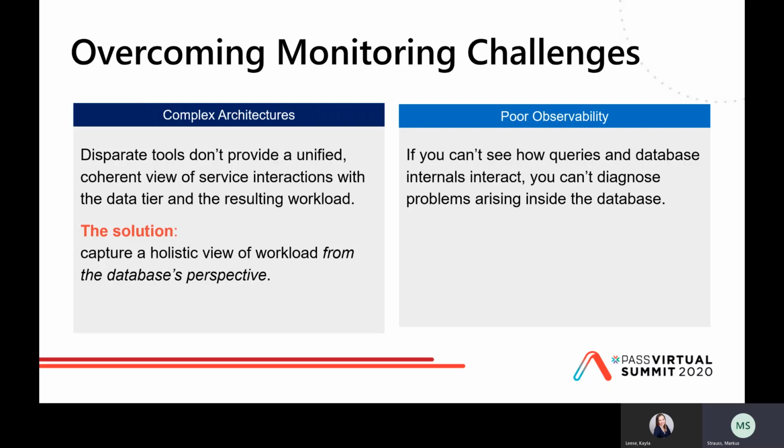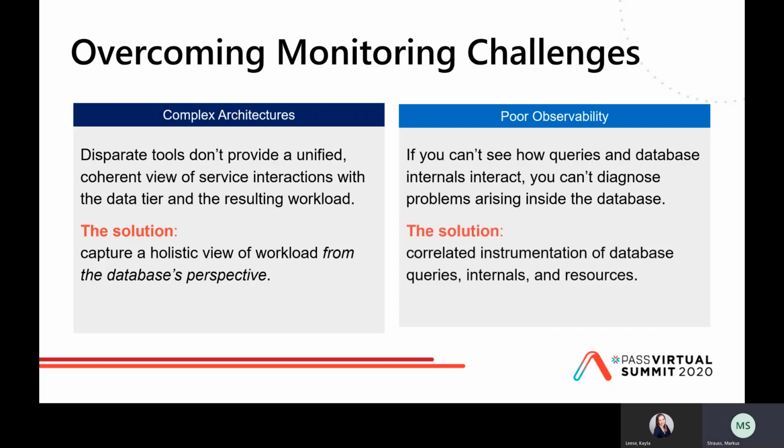Where we do have control is actually what goes in and out of the database and what attaches to it. So we need to change the way we look at this and start from the database perspective, and still include, obviously, our infrastructure. And we've got to be able to correlate all of the different metrics that we collect, whether that is infrastructure based, whether that is query based, and bring that all together and correlate against each other.